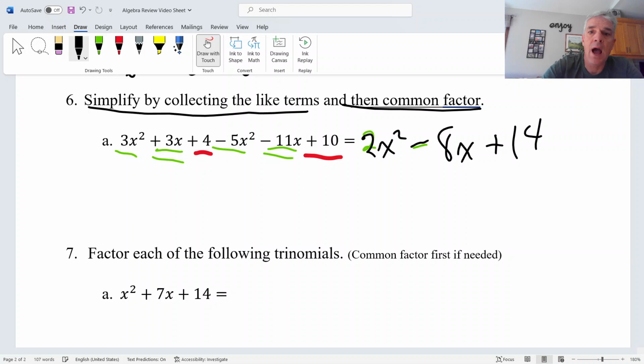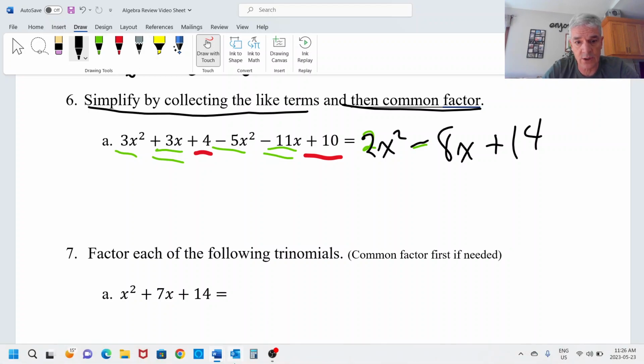okay? Now I look at this question and say, is there any common factors here, okay? And I can see that 2 times 1, those are the factors of 2, and I have 2 times 4 for factors of 8, and 2 times 7 for factors of 14, okay? So if I'm looking at each of these terms, I can see that.